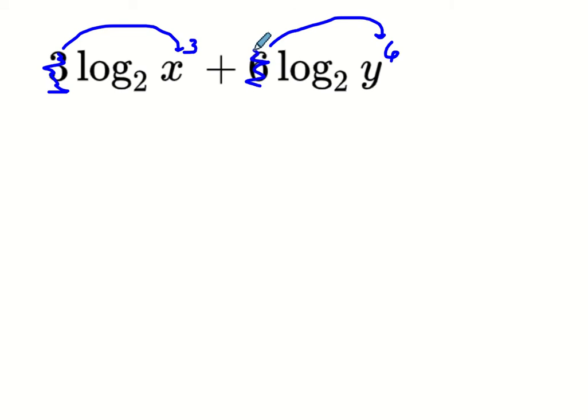So when you're condensing, usually the first thing you're going to do is move that number up front and make it an exponent. And so now we have log base 2 of x to the third plus log base 2 of y to the 6. And so remember, addition becomes multiplication. So we're going to take x to the third times y to the 6. And we're done.